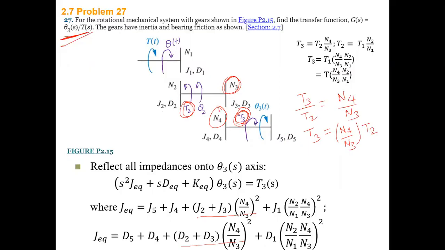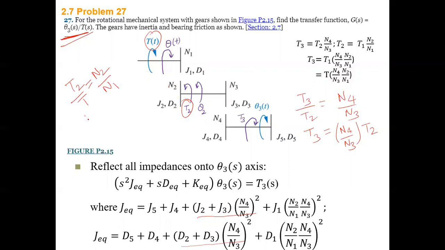Now similarly, what is the relationship between T1 and T2? This is T1. This is T2. What is the relationship between these two? T2 over T1, which is T, equals N2 over N1, right?